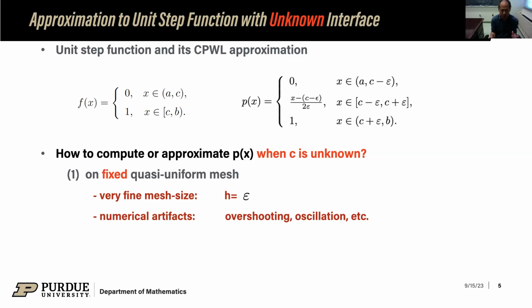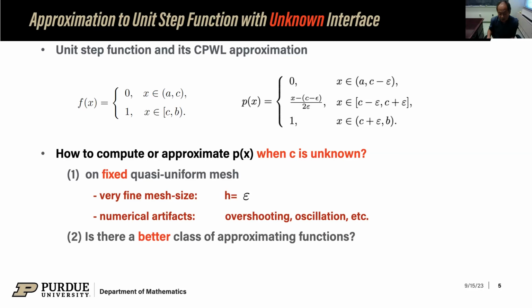We partition the domain first on a fixed mesh. Then when the mesh size goes very small, we generally produce a good approximation. So naturally we ask, is there any other class of functions we can use?